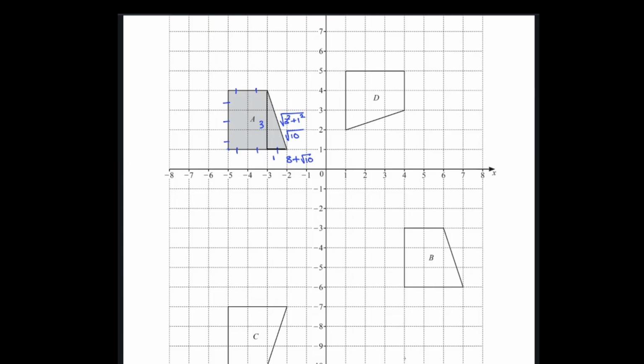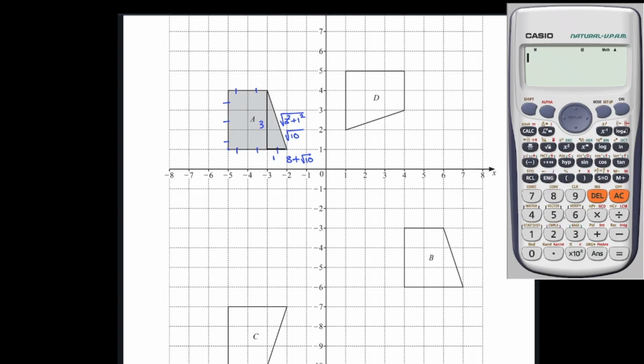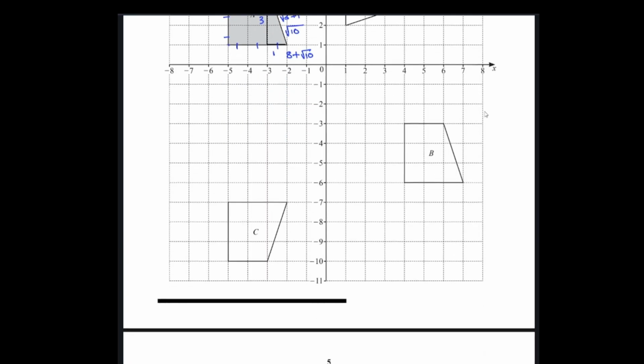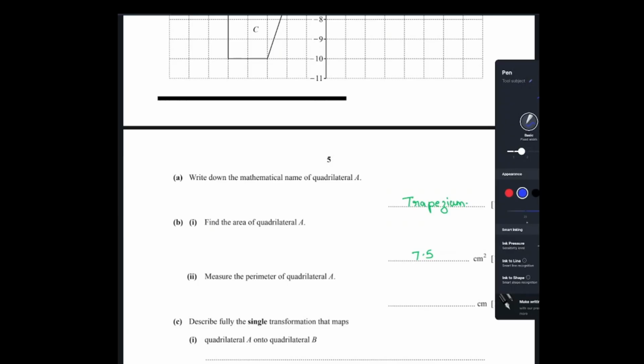So let us do this in the calculator. 8 plus square root of 10 will be 11.162277. So round it to 2 decimal places. If I round to only one decimal place, that is fine. 11.2. So the answer is 11.2 centimeters, because it's perimeter.